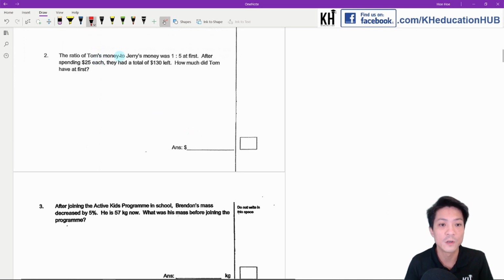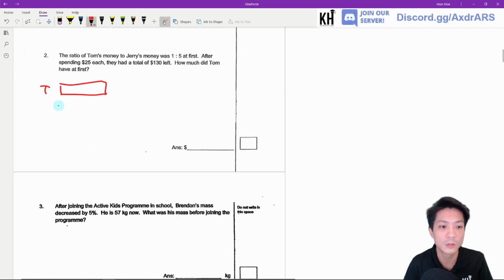Question 2. The ratio of Tom's money to Jerry's money was 1:5 at first. After spending $25 each, they had a total of $130 left. How much did Tom have at first? Okay, so Tom, I'm just going to draw a simple model. Should I do it in a proportional way?